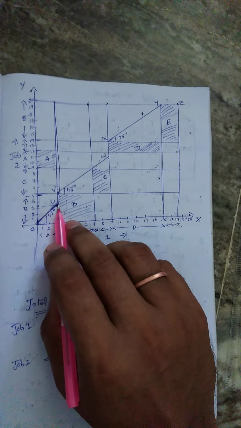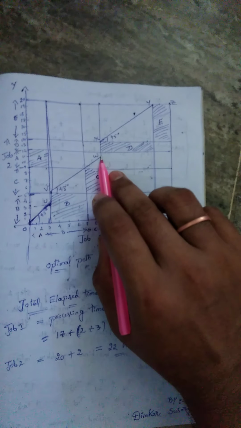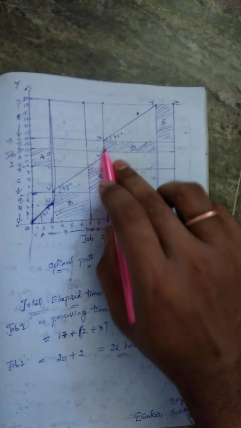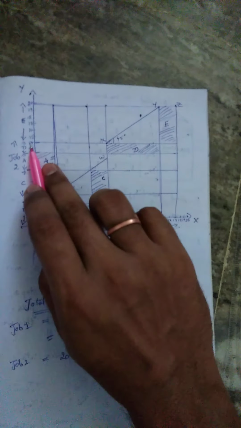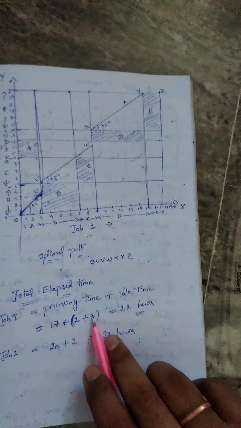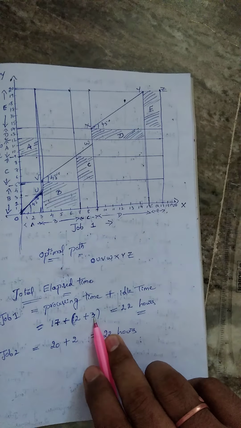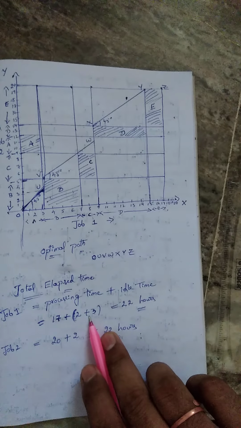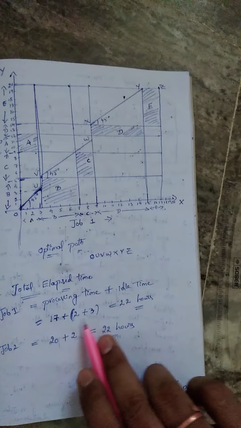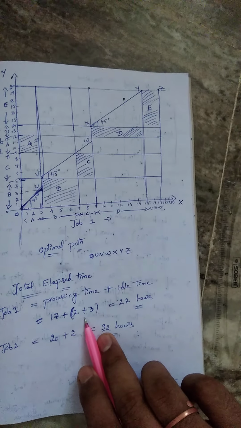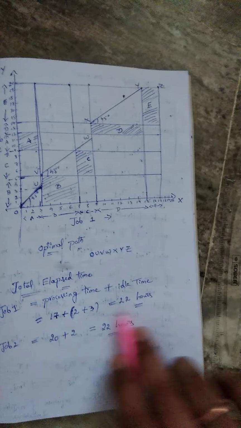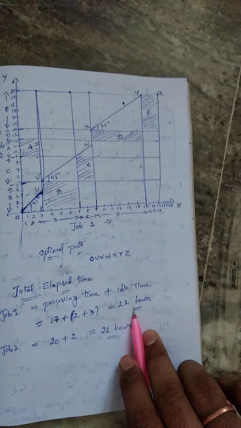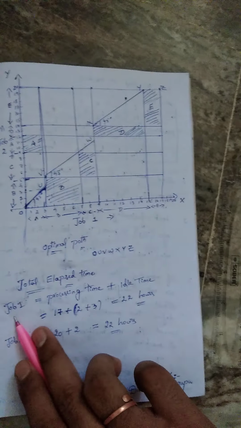Up to here we have an ideal time of 2 hours, and from W to X, 11 to 14, we have an ideal time of 3 hours. Total elapsed time of job 1 is 17 plus 5, 22 hours.